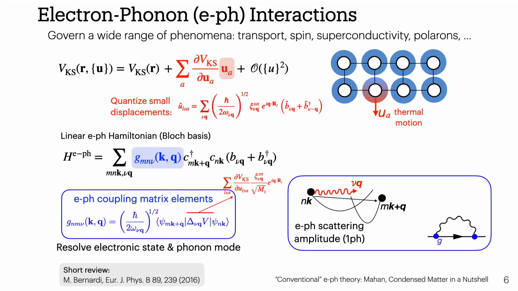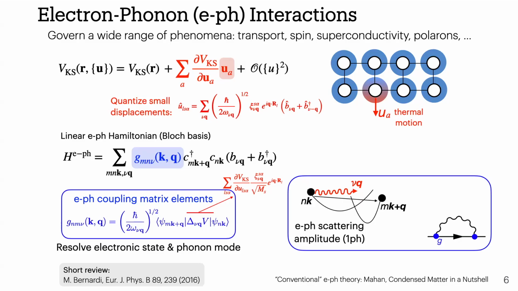And if you look in the lower left, the electron-phonon coupling essentially includes the wave function of the initial and final electronic states, as well as the change in potential due to the atomic motion written in the phonon basis. So I have expanded the expression here. Essentially, you have the periodic part of the change in potential from linear response DFT written in an atom basis and then transformed into a phonon basis.